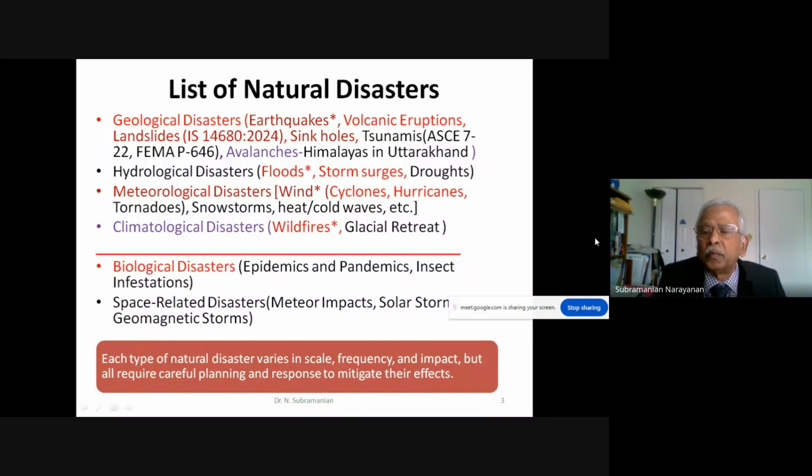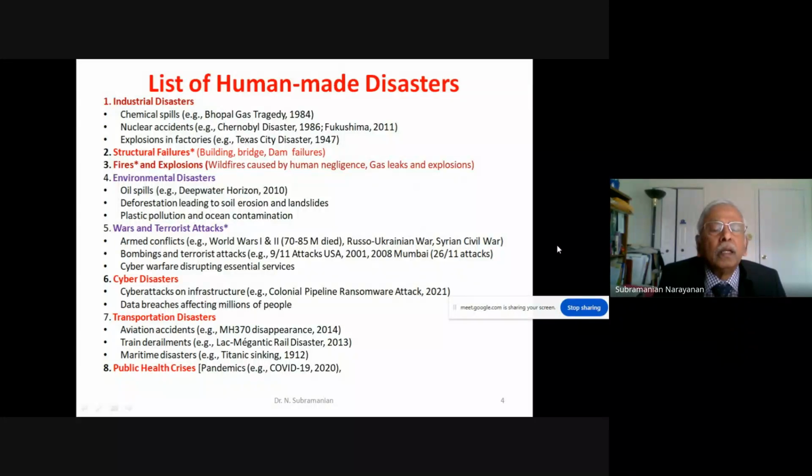I have given only a few examples. And there are so many human-made disasters. It can be industrial disasters, structural failures, fires and explosions, environmental disasters, wars and terrorist attacks, cyber disasters, transportation disasters, public health crisis, etc. So I have also given some of the examples here.